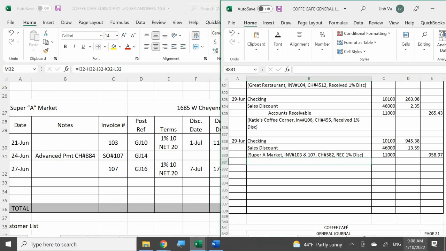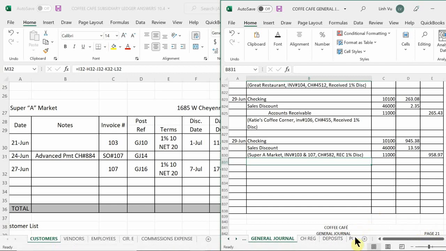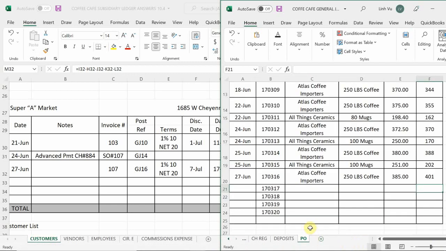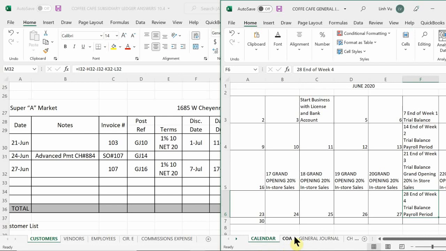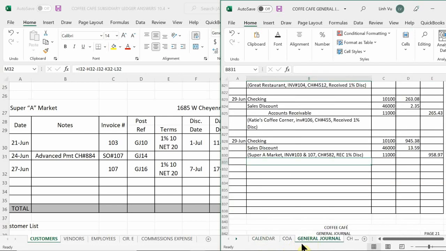So let's go ahead and deposit that check, or at least recognize that we have a check for $945.38 that we will deposit at the end of the day. Okay.